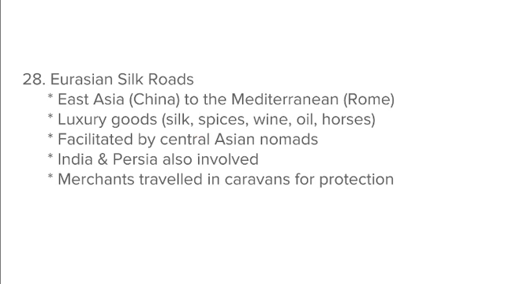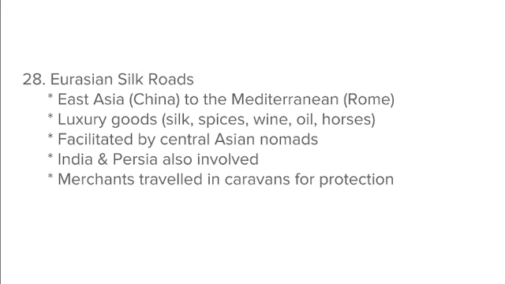Now, the Central Asian people, the nomadic pastoral people that live in Central Asia, are going to facilitate the trade. That means they are going to sometimes work as guides or bodyguards to merchants who are traveling across the Central Asian steppe area, which is not the most hospitable region in the world. Very difficult terrain, and very dangerous.